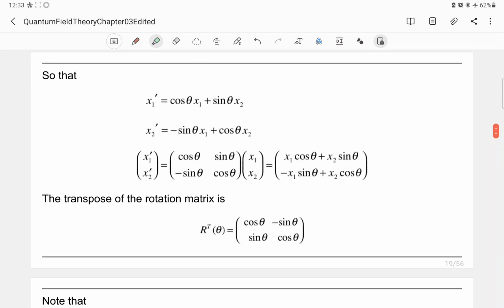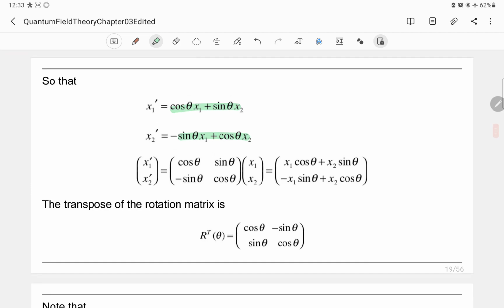So that your x1 prime would be this, and your x2 prime would be this one.